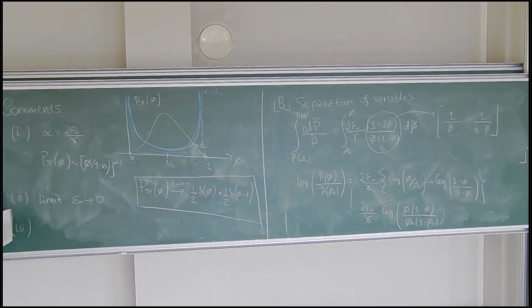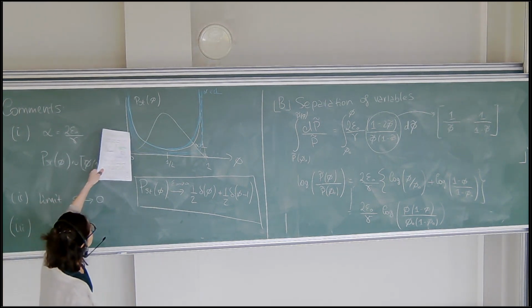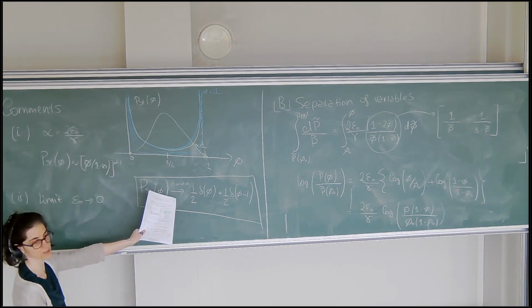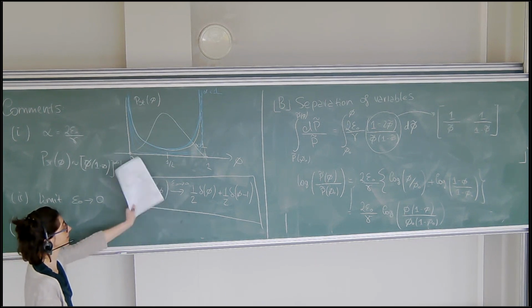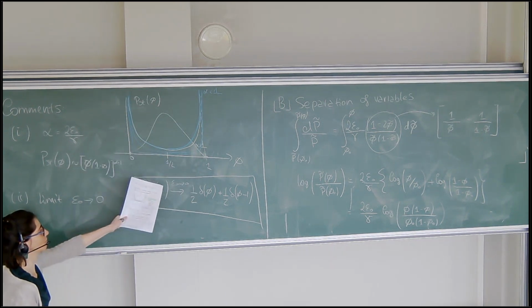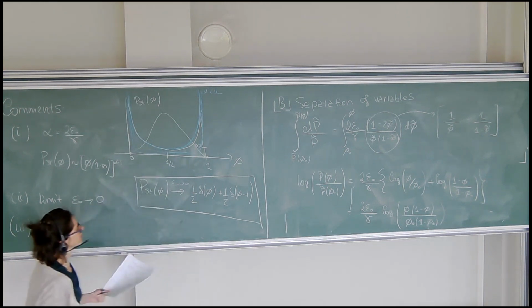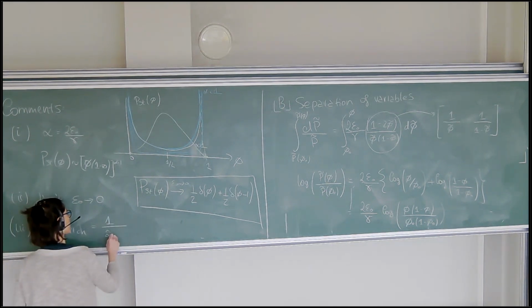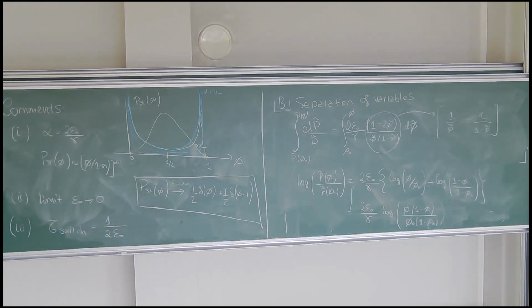But in the dynamics, if you start from 0 or from 1, you stick to 0 or to 1. These are absorbing states of your dynamics. In the case epsilon 0 is positive, you can still go from having all of the population concentrated in 0 to having all of it concentrated in 1. And you can compute the switching time between these two choices. And you find that this is of the order of 1 over 2 epsilon 0.